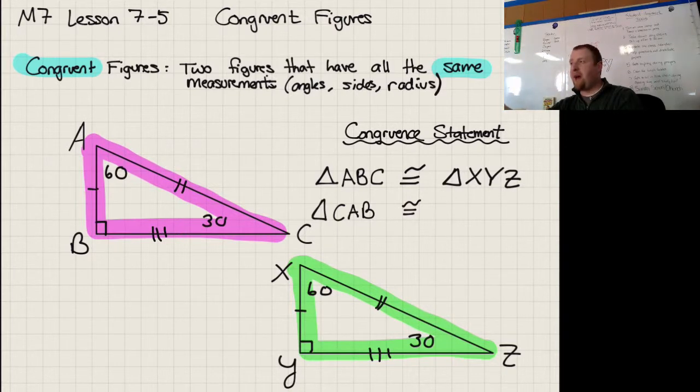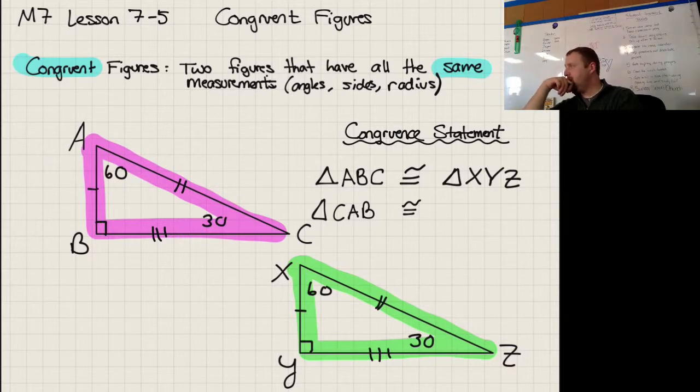So I have triangle CAB. What am I going to come up with? How is the next one going to be named? I named the triangle CAB. How am I going to adjust the second triangle so that they're named correctly?